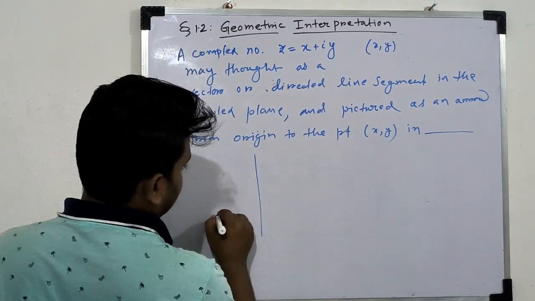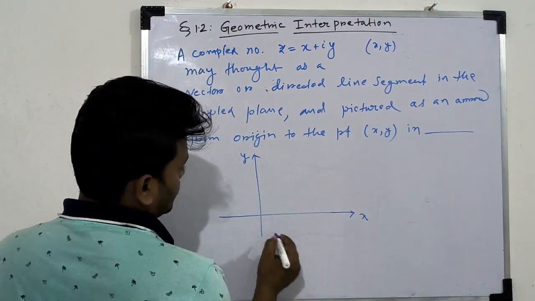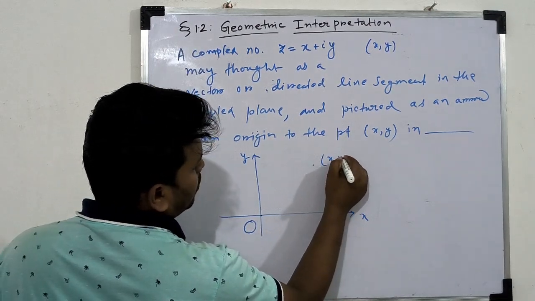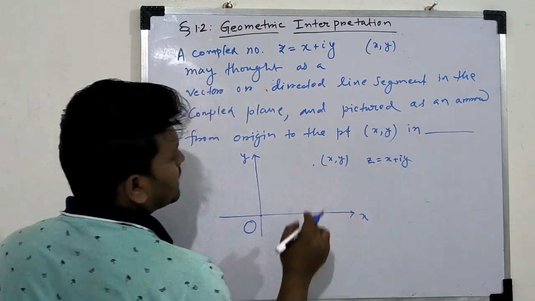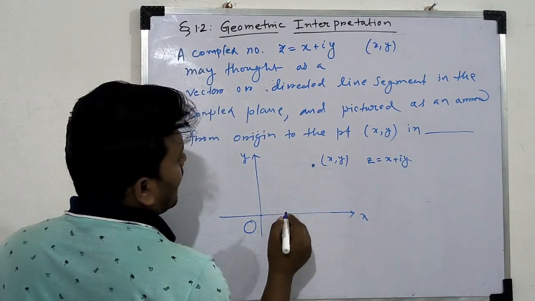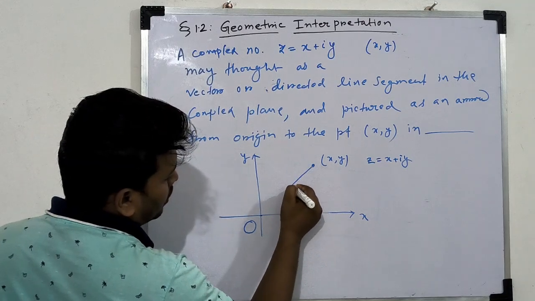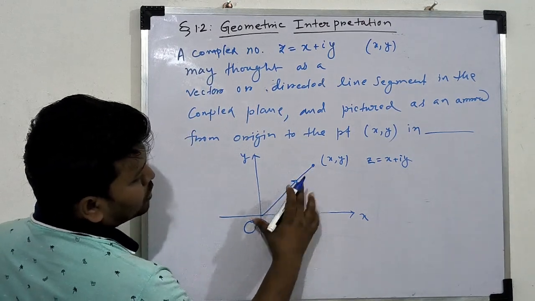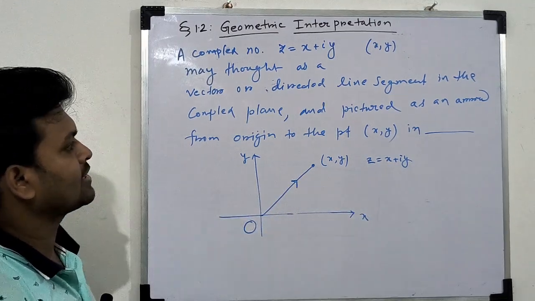So this is the x-axis, this is the y-axis, this is the origin, and any point (x, y) is a complex number, and we can represent it as a vector or line segment pictured as an arrow. So we can geometrically interpret a vector in this manner.